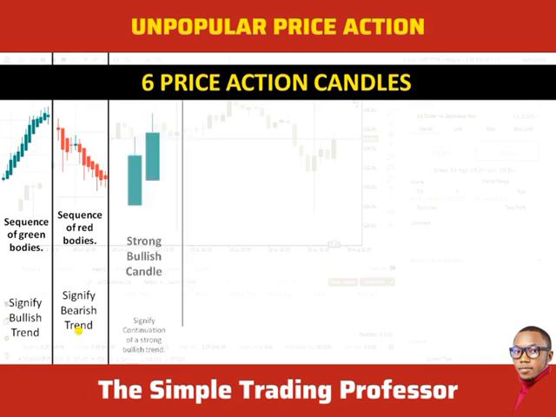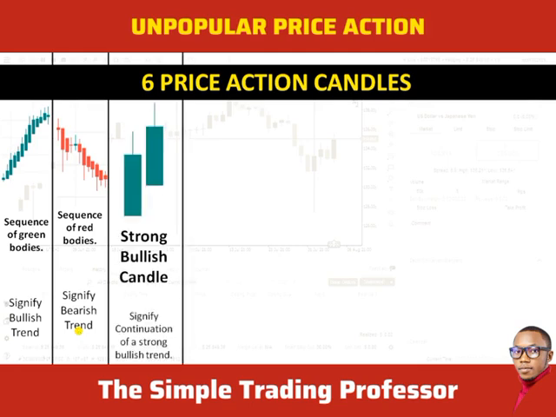Now, the first price action candle is the strong bullish candle. When you see a candle like this that has a shaved bottom and a wick on top, the body is big. It is called a strong bullish candle. So this is a bullish movement. You see this green candle here, in between these red candles, it is a bullish candle.